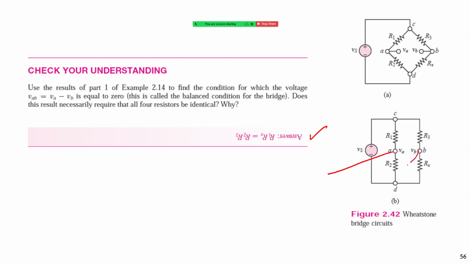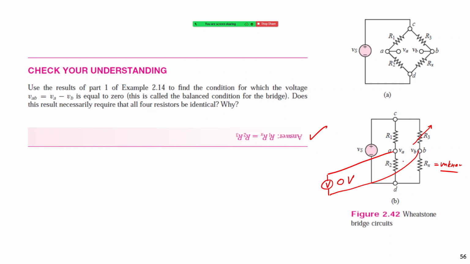We measure the voltage, and maybe we use R3 as an adjustable resistance here. So if Rx is unknown, I adjust one resistance until this voltage becomes 0 volt.